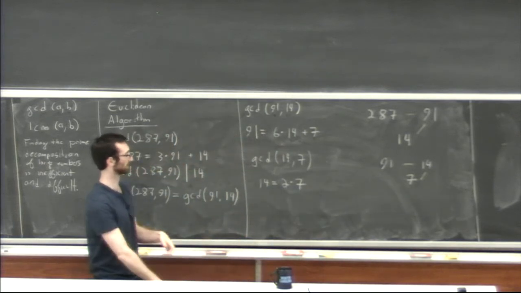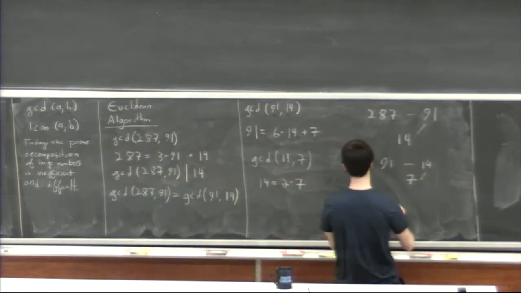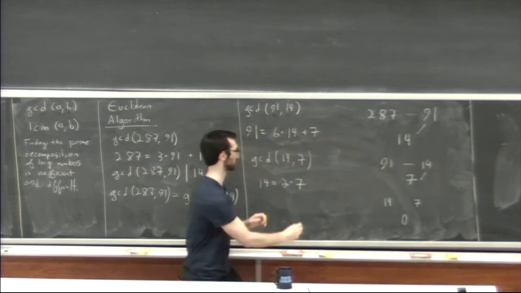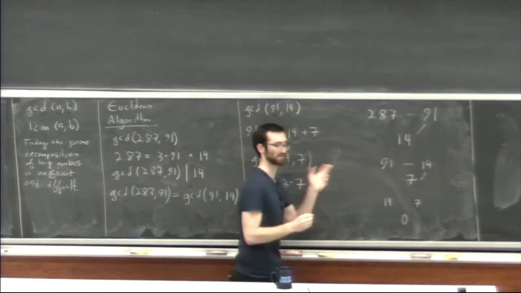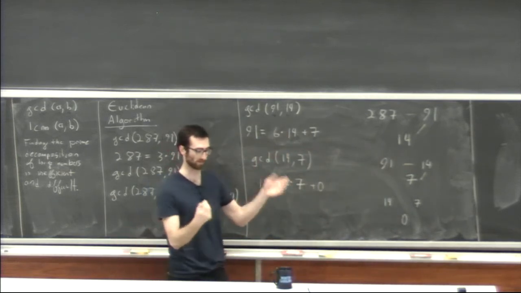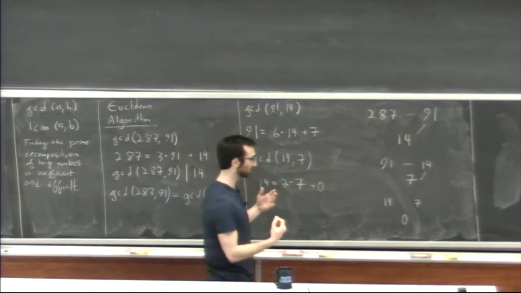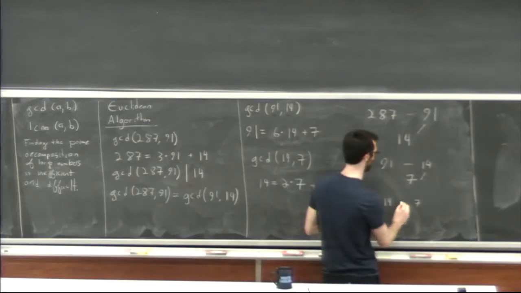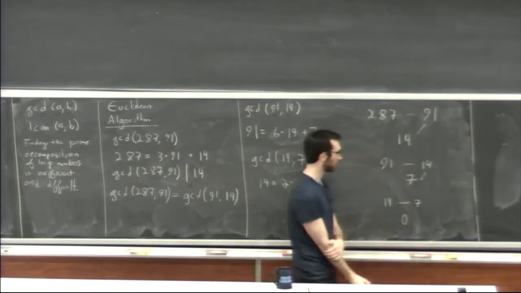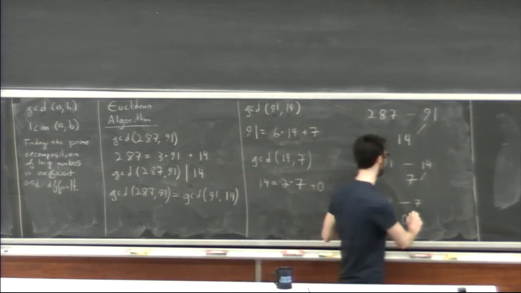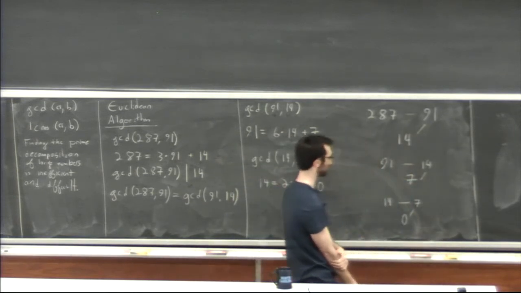So now essentially the triangle becomes 14, 7, and 0, because the remainder here is 0, since the division happened perfectly. So once again, we have the same result, that the GCD of 14 and 7 is the same as the GCD of 7 and 0.